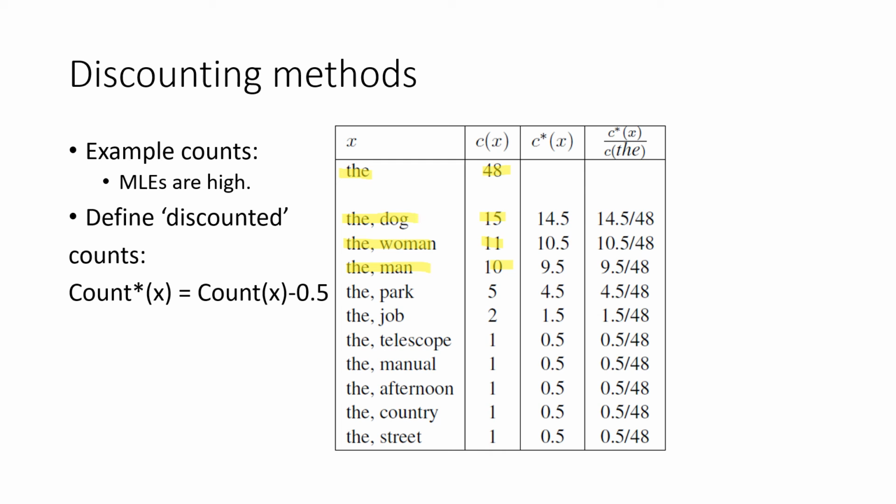To avoid this situation, by using the discount method, we can do the following thing. We can take each count of a bigram and discount it. For example, by using this formula, we just discount it by 0.5. So here in our table, we can see this C star of X column, which basically indicates these new values for our counts.